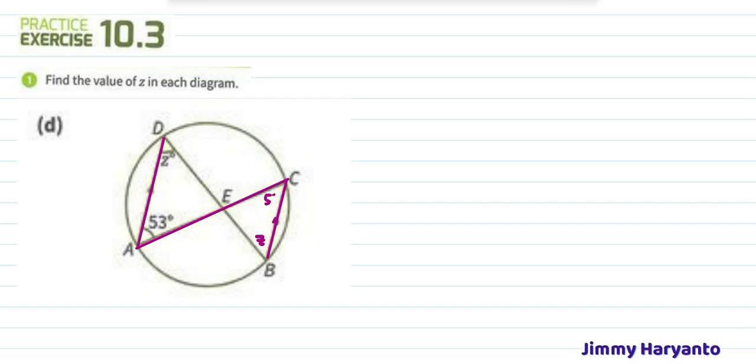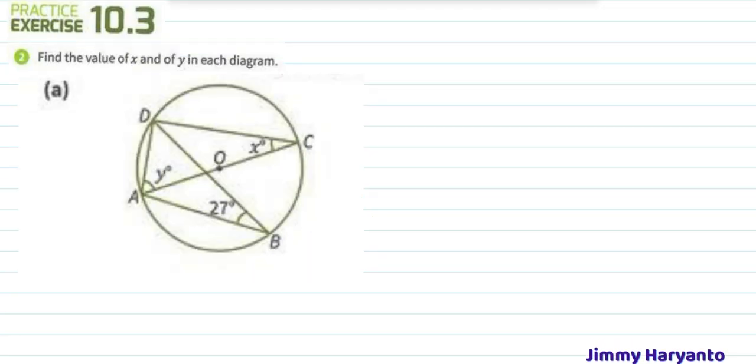So this one is 53, and also this one, the angle facing the same segment. So when this is Z, that means this one is also Z. So the Z equals 53.